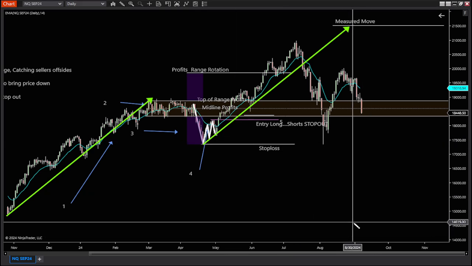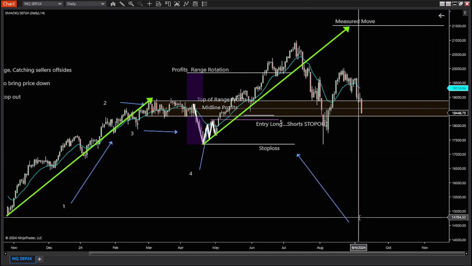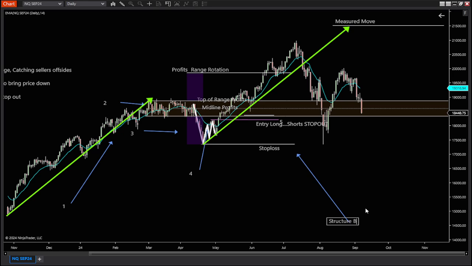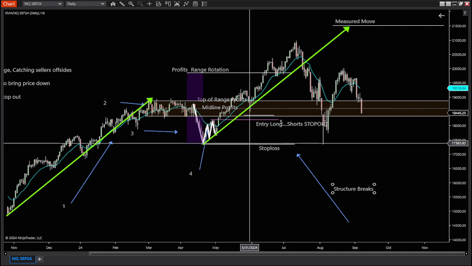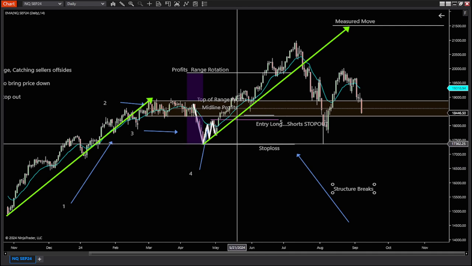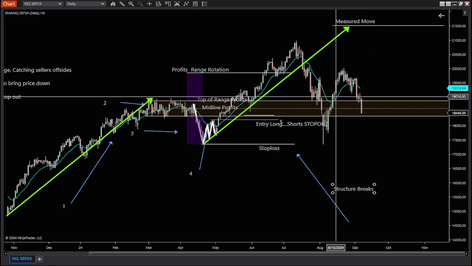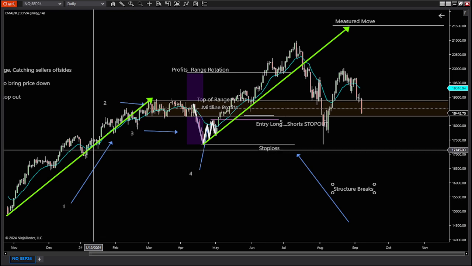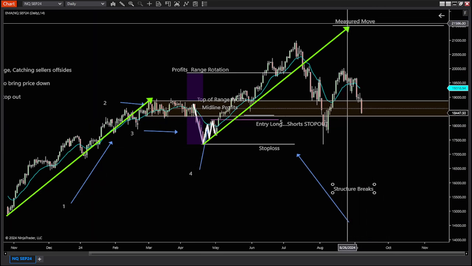Structure breaks below my stop loss on this specific setup. If we start breaking below my stop loss here and getting continuation, I'm not looking for this range measured move anymore. It might be somewhere else, a different higher time frame measured move. But for now, this is going to be the range measured move.